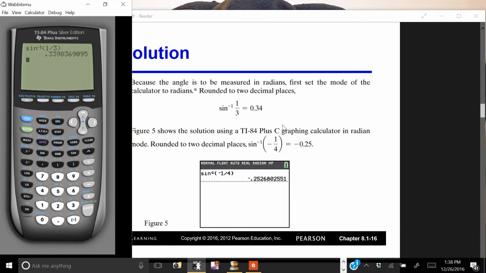Now to calculate inverse sine of minus 1/4, put minus 1/4. Hit enter, and you get minus 0.25 to the nearest hundredth.